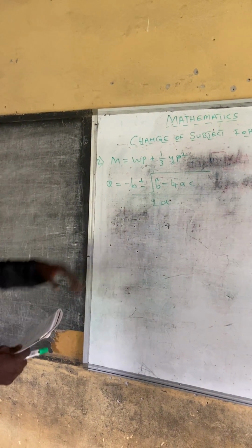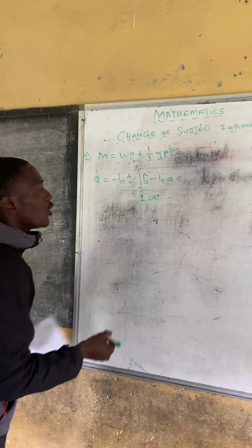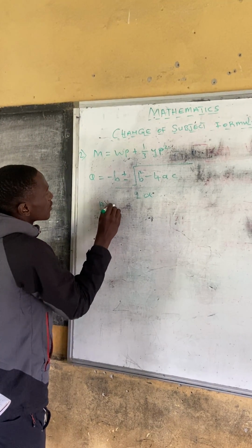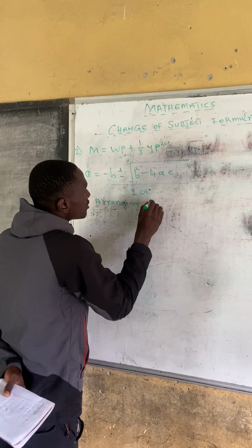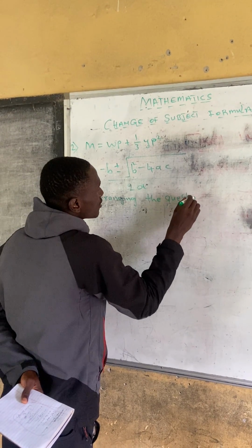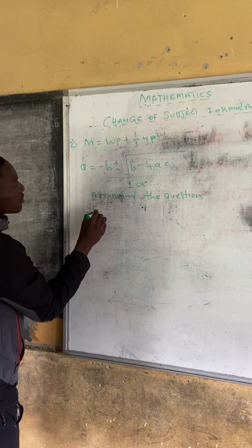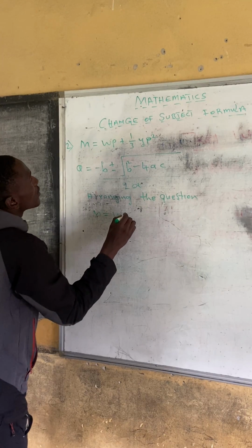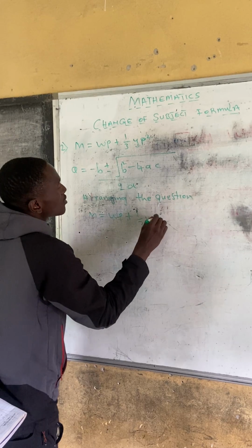Now, if you look at this question very well, the question is not arranged. So, you must arrange it. Arranging the question, we are going to rewrite this, which will give us M equal to WP plus 1 all over 3 YP squared.